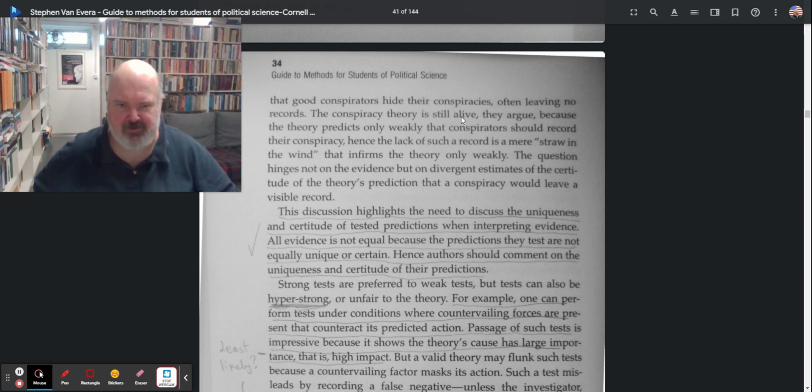The conspiracy theory is alive, they argue, because the theory predicts only weakly that conspirators should record their conspiracy. Hence, the lack of such a record is a mere straw in the wind that affirms the theory's own weakness. The question hinges not on the evidence, but on divergent estimates of the certitude of the theory's predictions that a conspiracy would leave a visible record.